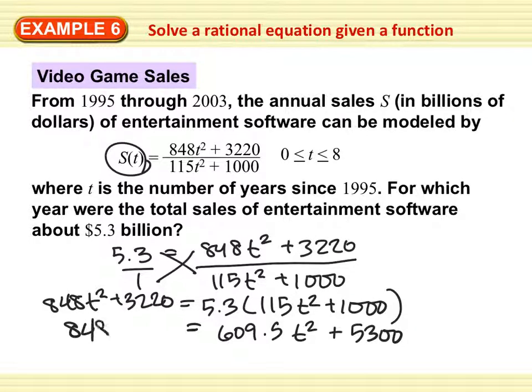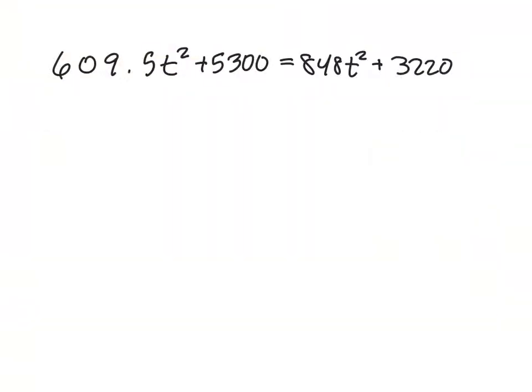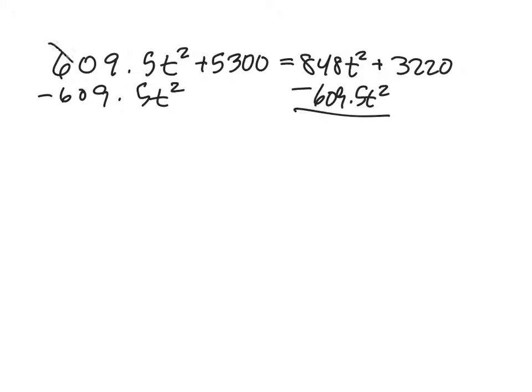And we've got this over here. I'm going to need a new page. I'm sorry. Okay, I'm going to copy that over. All right, let's solve. I'm going to move the smaller number over. I get 848 minus 609.5. That leaves me with 238.5 t squared.